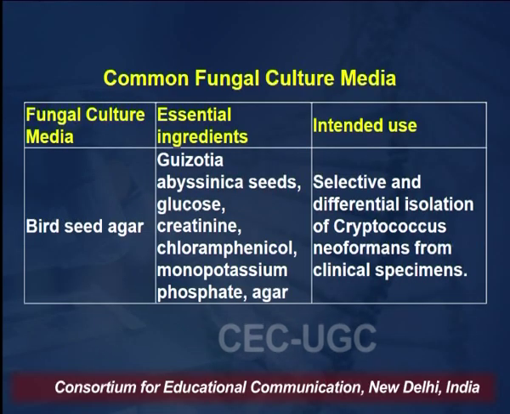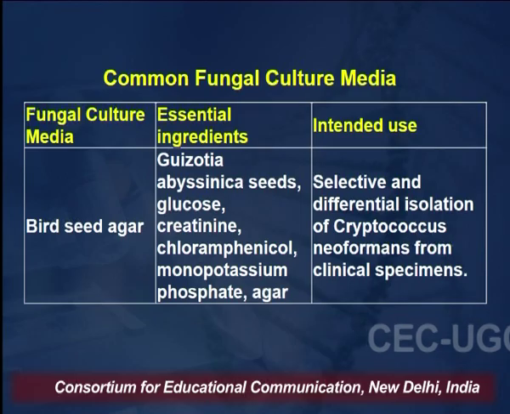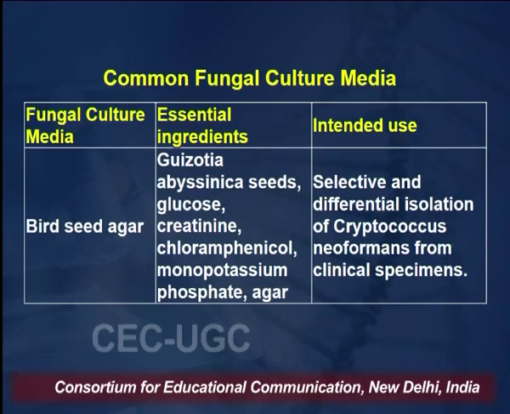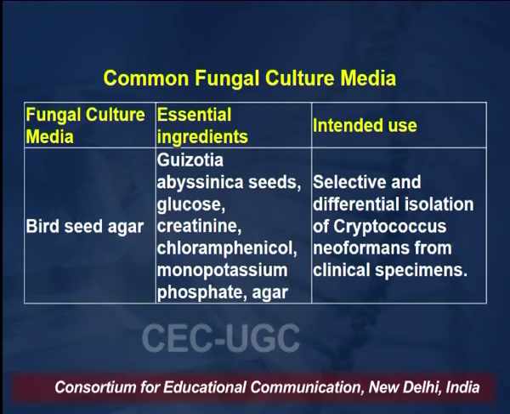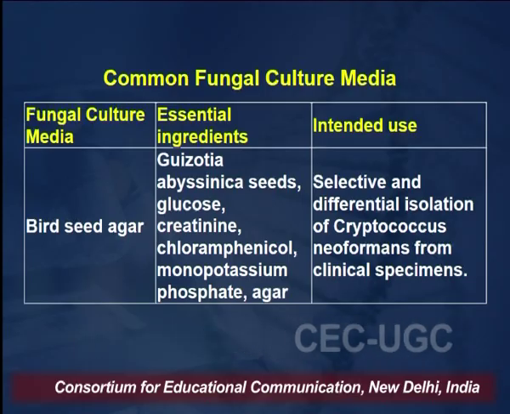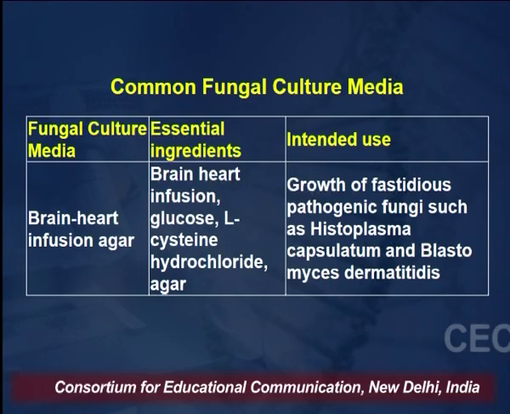The common fungal cultures that are used are birdseed agar, and these are the essential ingredients, and the intended use is the selective and differential isolation of Cryptococcus species from clinical specimens. The other is the brain heart infusion agar.